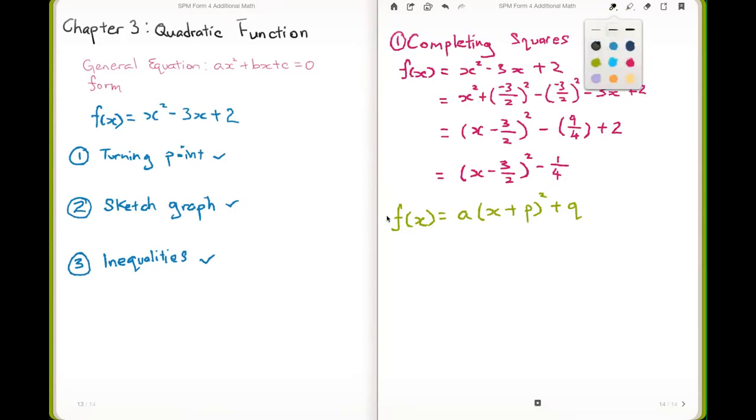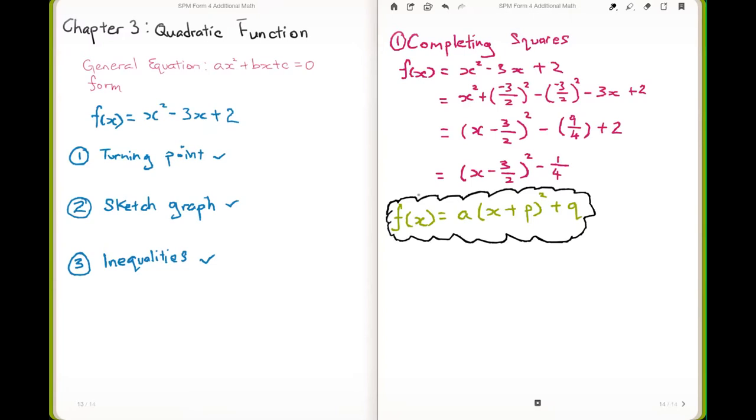Therefore I should be able to find out its turning point. Now, based on this function, I can tell that a is positive 1, a positive number greater than 0. The p is negative 3 over 2, and q is negative 1 over 4.